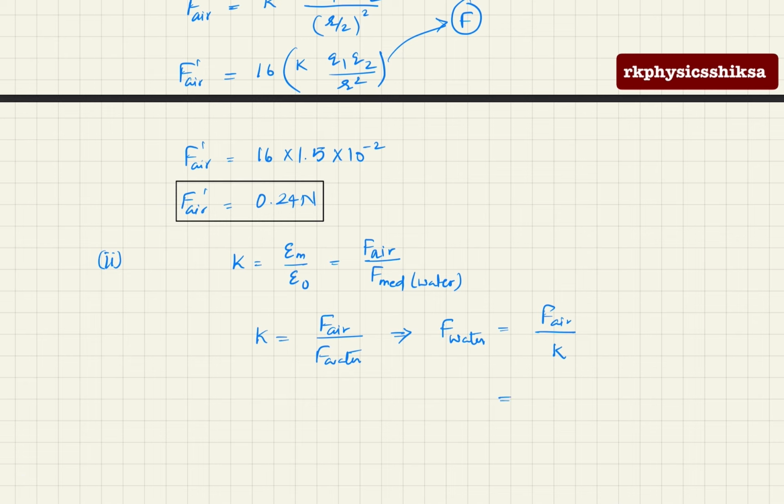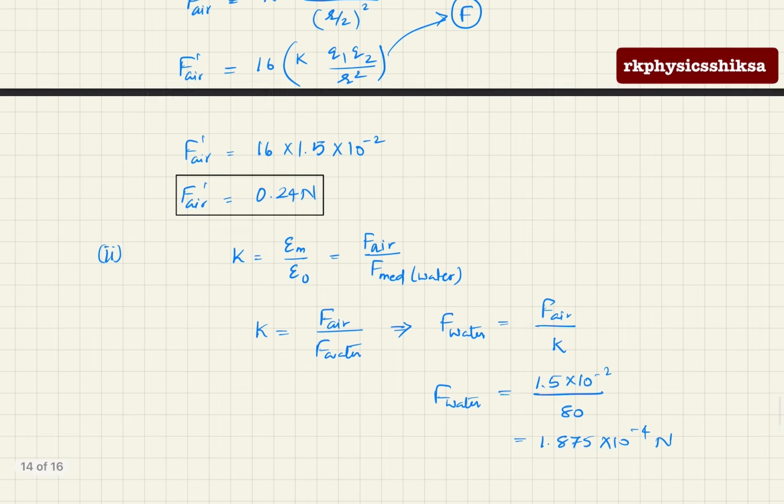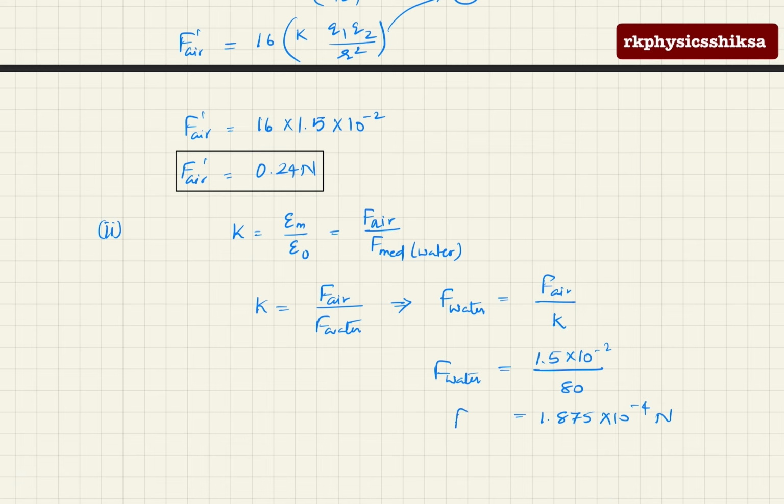The dielectric constant is given as 80, and the force in air we already know, 1.5 into 10 to the power of minus 2, divided by 80. So the force between the two charged spheres when air is replaced with water, on simplifying, we get 1.875 into 10 to the power of minus 4 newtons. This is the solution for the force in a medium, water, of dielectric constant 80.